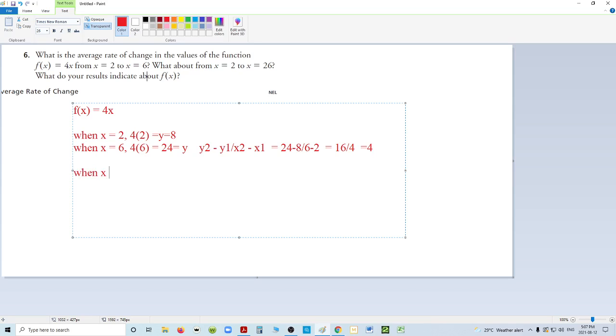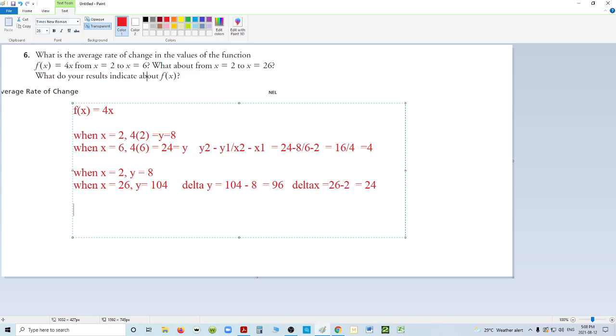When x is equal to 2, we found out y is equal to 8. We found that out in the last one. When x is equal to 26, y is 4 times that, which is equal to 104. The delta y for this is 104 minus 8, which is equal to 96. The delta x for this is 26 minus 2, which is equal to 24.